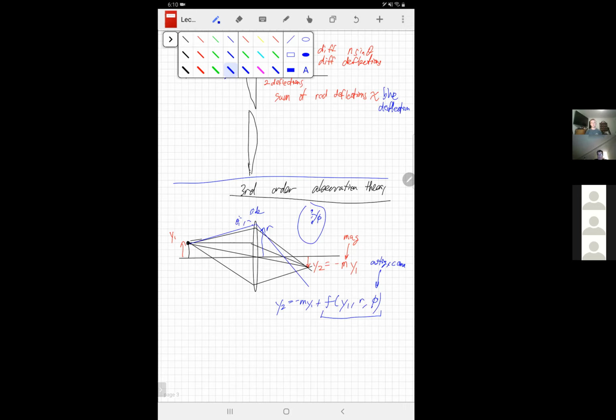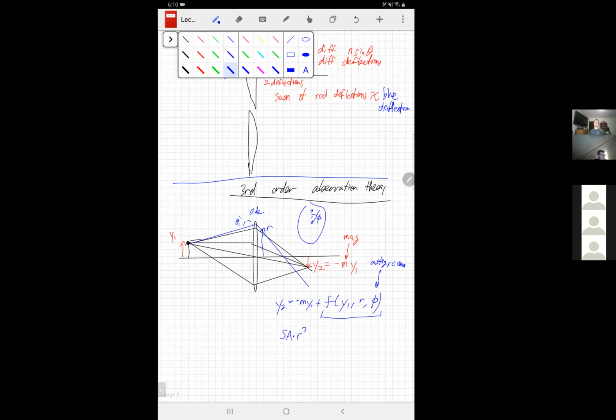Before they could do that, people put a lot of work into doing these Taylor series. I once spent a weekend doing this Taylor series, and I derived like 2 terms from it, and it was not fun. But you could calculate this function as a Taylor series. And one of the terms would be spherical aberration times r cubed, right? You just expand it as a function of r, phi, and y.